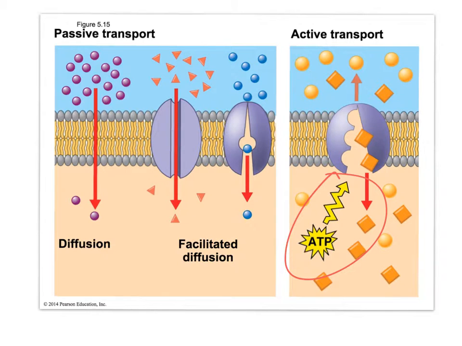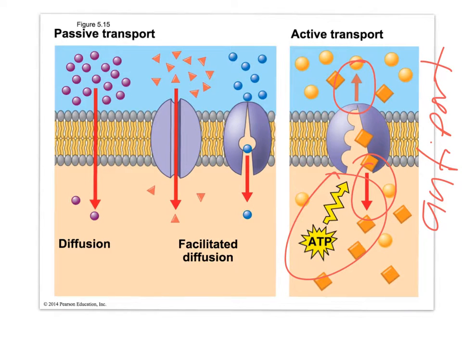And they can be either in the same direction or opposite directions. In the case of sodium-potassium, we have opposite directions, and that's what we call antiport. Two substances are moving in opposite directions.